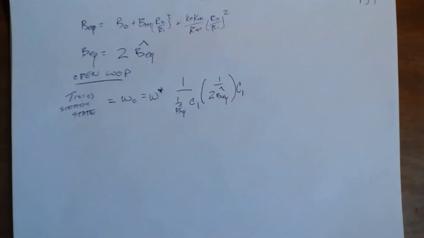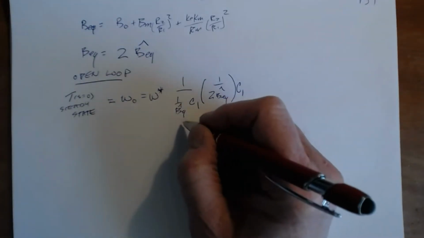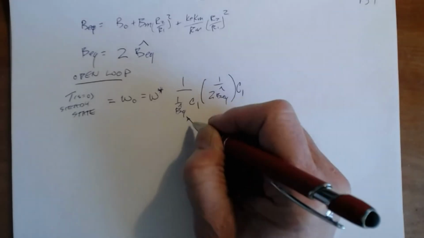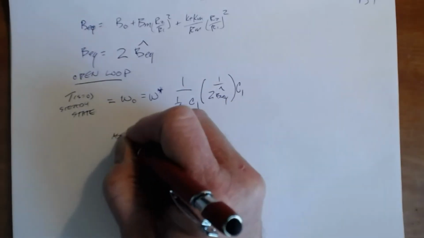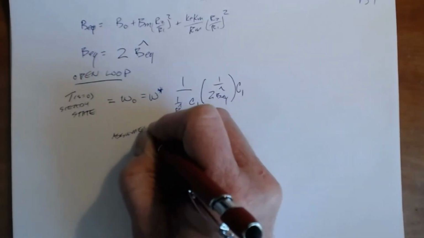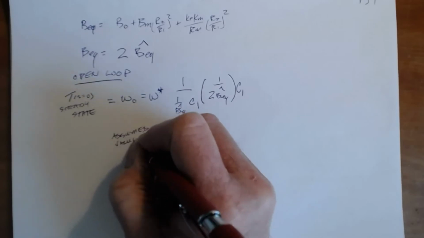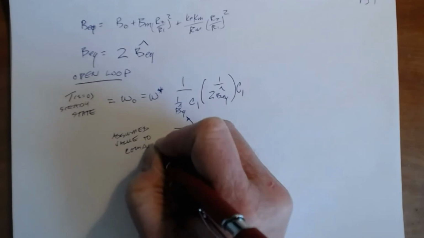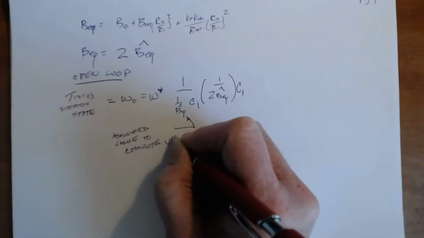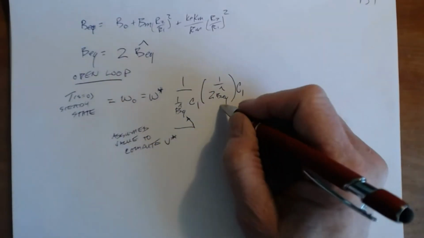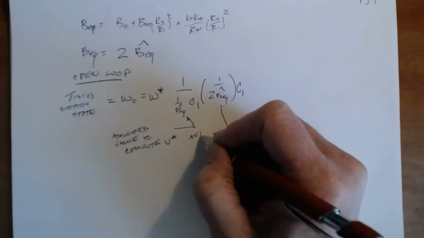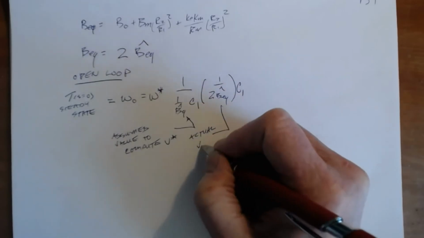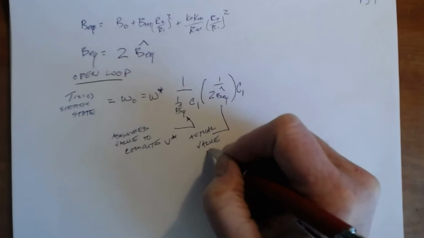So this is the assumed value to compute V star, the voltage. But this is the actual value in the motor.